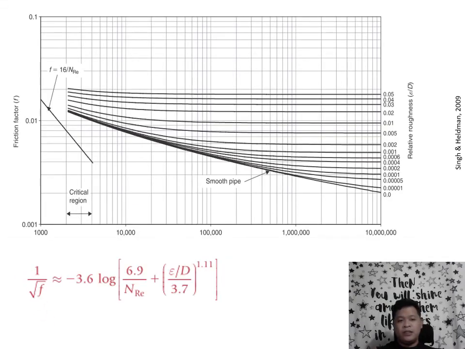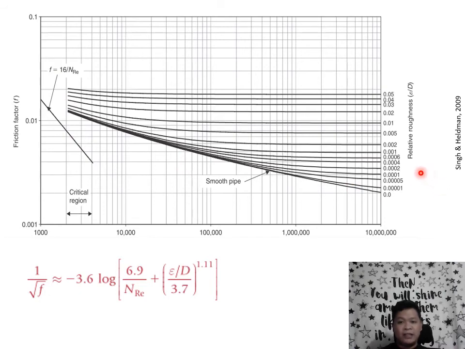So for major losses, there is what we call the small letter F for the friction factor. So it's used for major friction loss calculation. If you have a laminar system, then it's only 16 over the Reynolds number. Yun yung pinaka-multiplier mo. Otherwise, you have to use this log table. Okay.